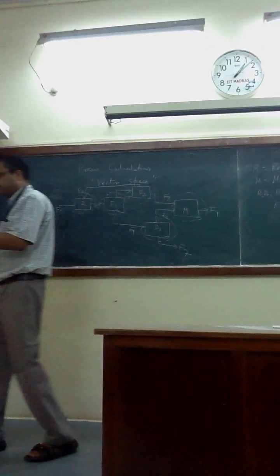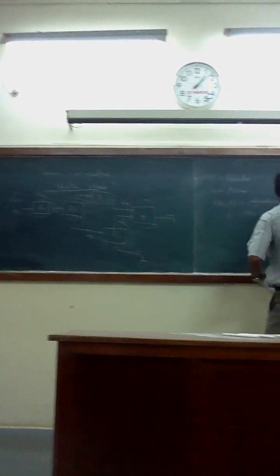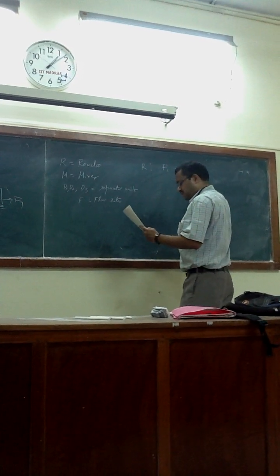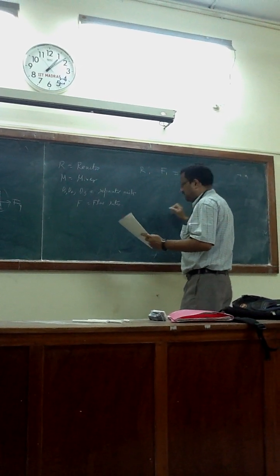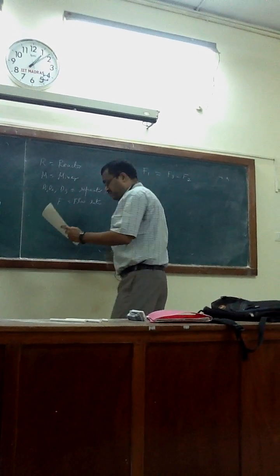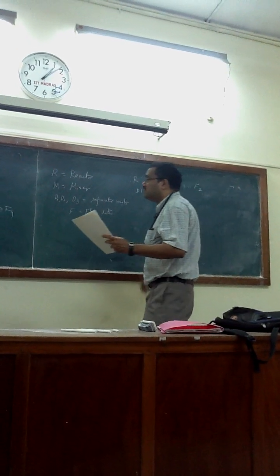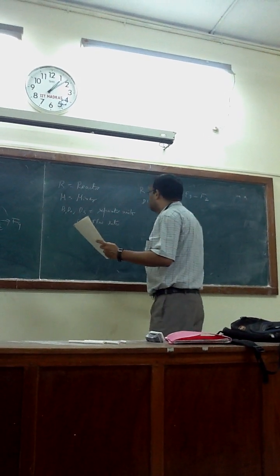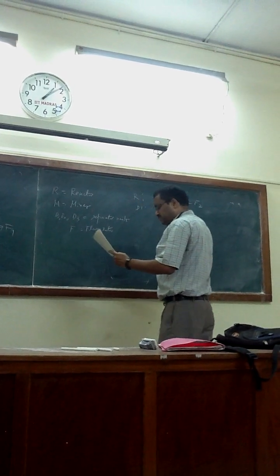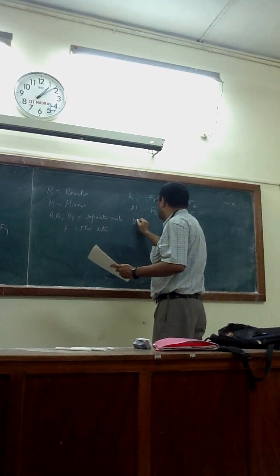Mass balance. F1 equals to, am I correct? Next is D1. D1, what is that? F3 equals to F5 plus F4, am I correct? D2.